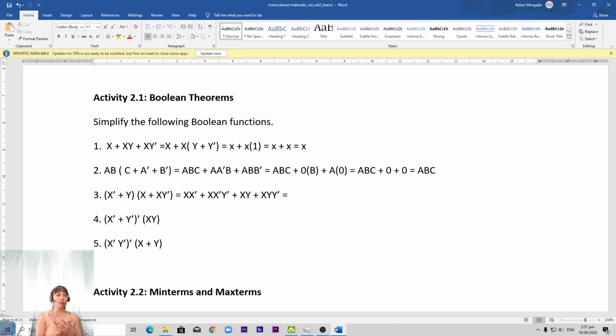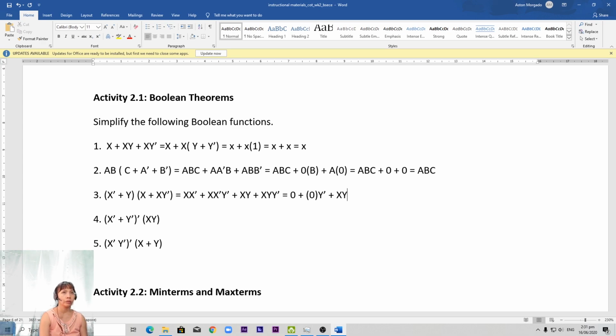What is x prime x equal to? If x is 0, then x prime is 1, so 0 times 1 is still equal to 0. Next, we have x prime x y prime. Again, if x is 0, then x prime is 1, and 0 times 1 is still 0. So we have 0. 0 times y prime is still equal to 0, but I'm still showing it to you.